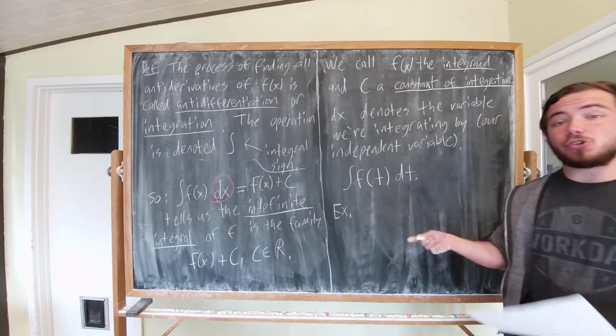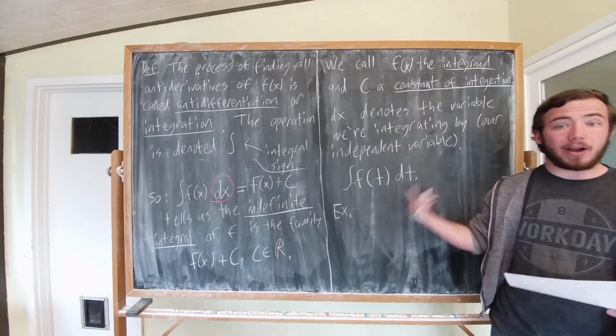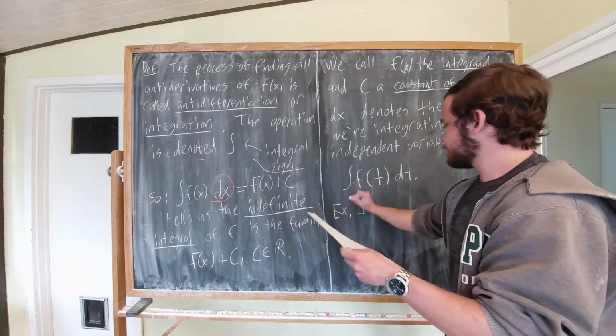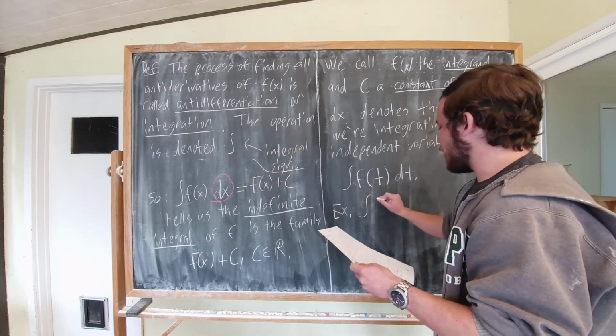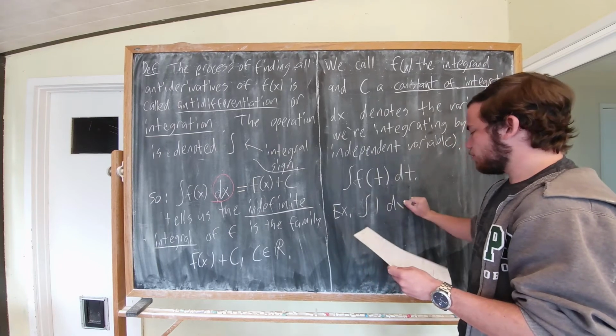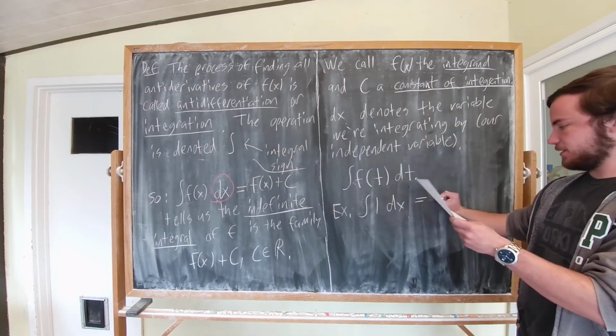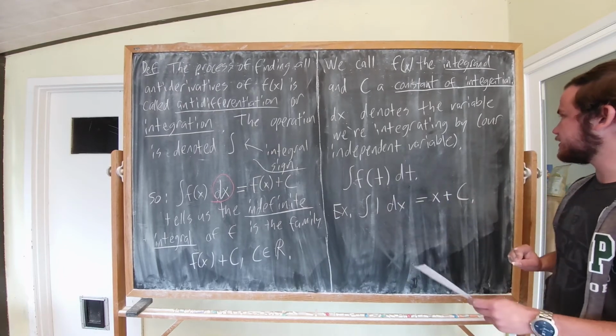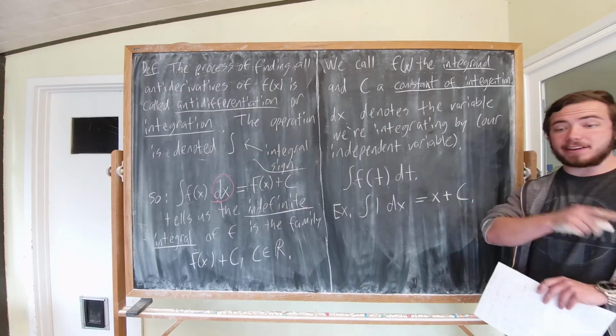Based off of the two examples we saw earlier about antiderivatives, we know that, for instance, the integral of 1 with respect to x is x plus c. That was by the example we did previously.